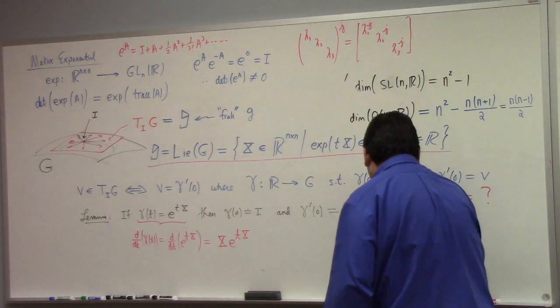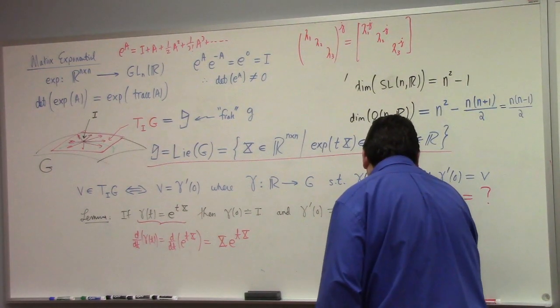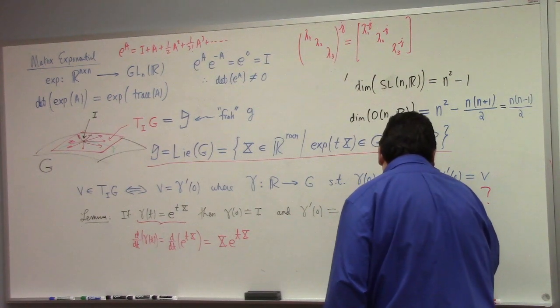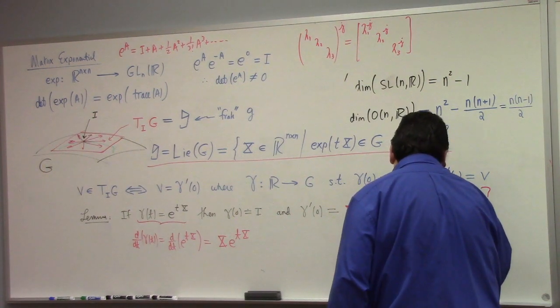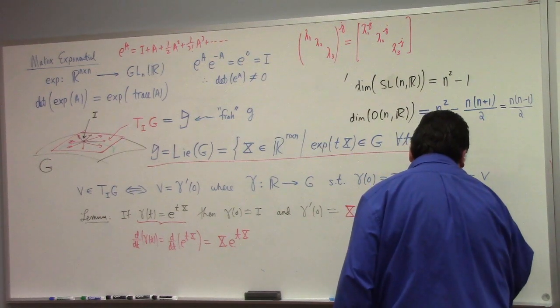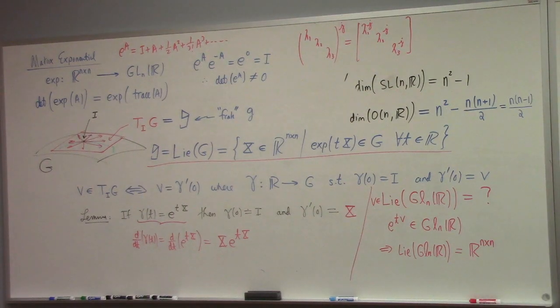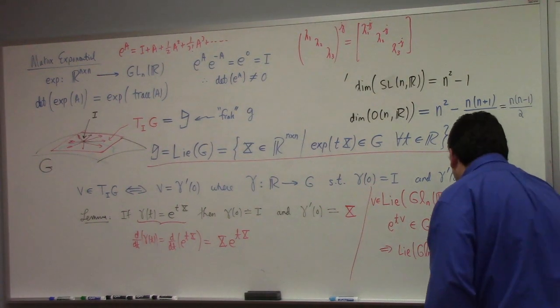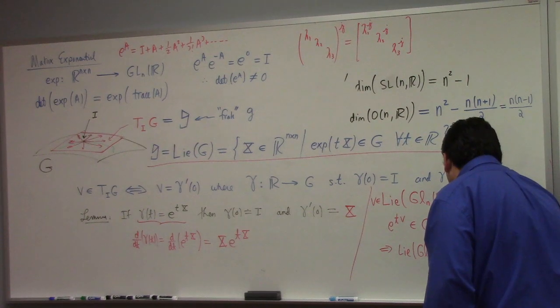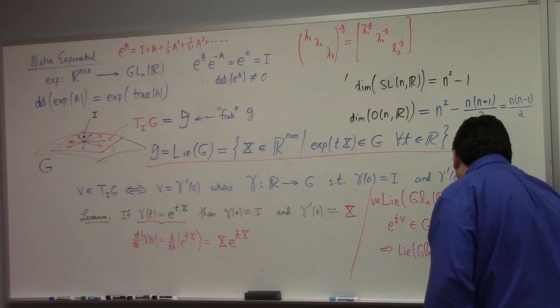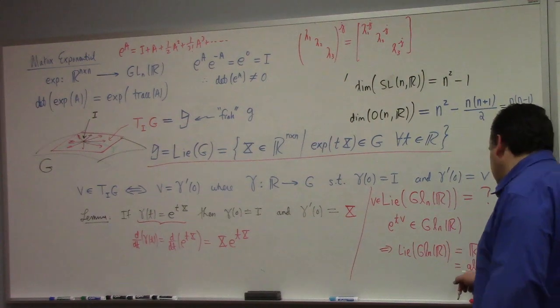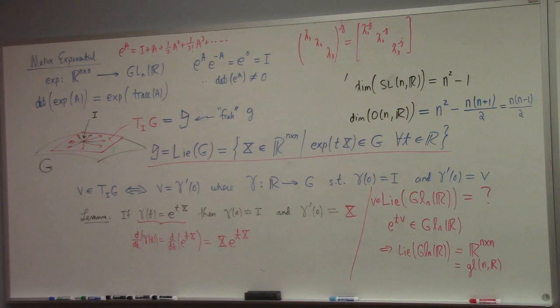So this implies then that the Lie algebra of GLn is just equal to R^(n×n). And we have notation. You usually use this notation, little gl_n(R). Little gl_n is the Lie algebra of big GLn(R).